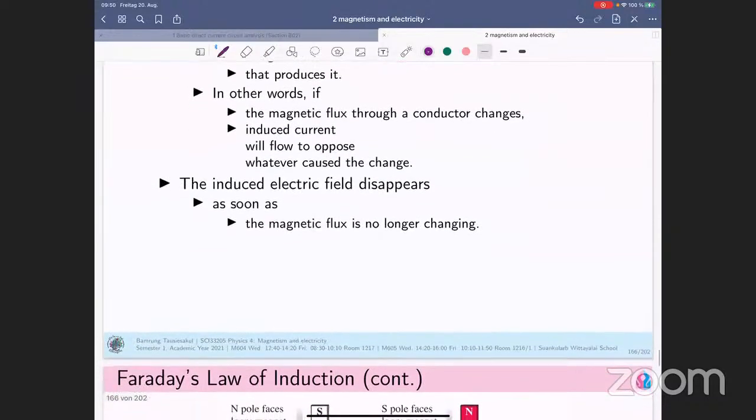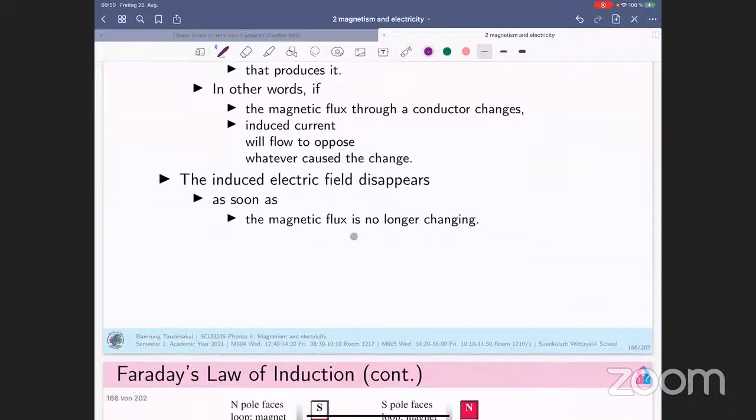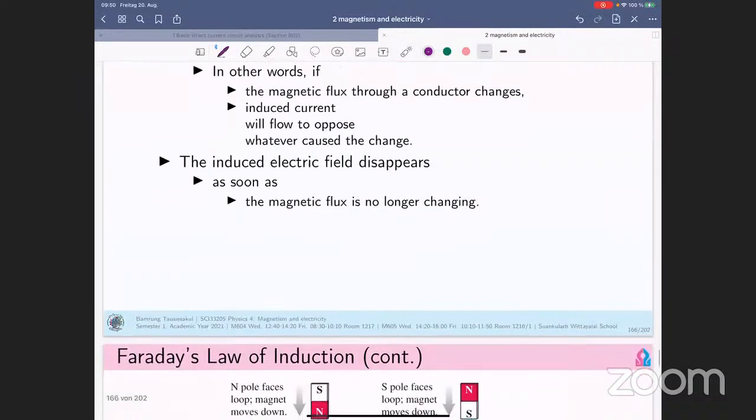The induced electric field disappears as soon as the magnetic flux is no longer changing. When you move the permanent magnet and after that just lay it still, there will be no further induced EMF in that scenario.